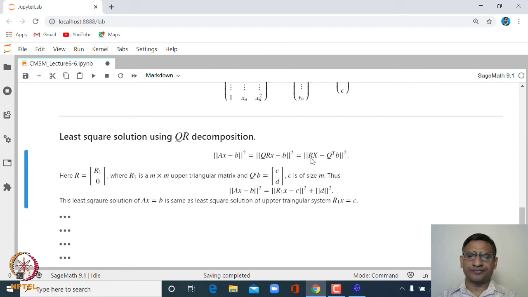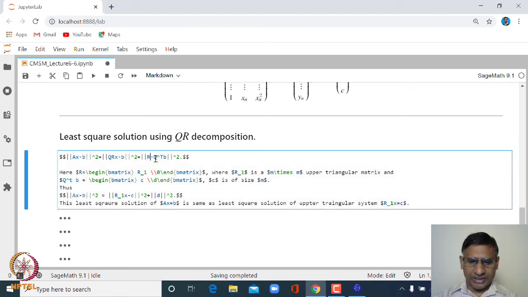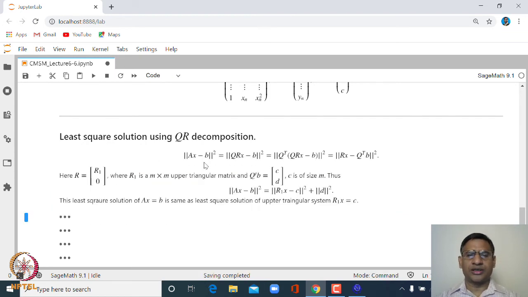Let me change this to small x, and let me also add this intermediate step here. We are multiplying this by Q transpose. So, norm of Ax minus b whole square is the same as norm of Q transpose times (Ax minus b), but A you replace by QR.